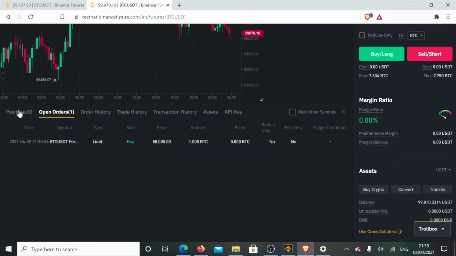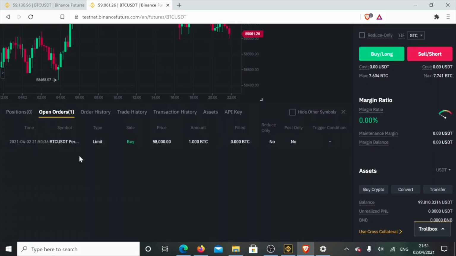These are the trades you have that are running right now. There are no running trades. It's zero. Order history is where you check the orders you made in the past, then trade and transaction history, and assets, the assets you have in your portfolio, and API key.